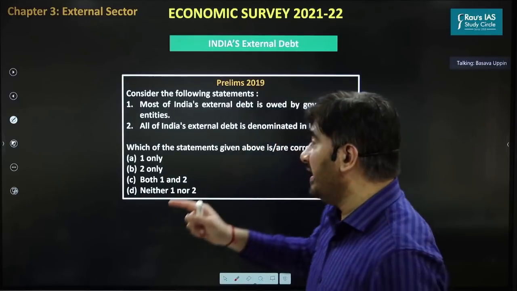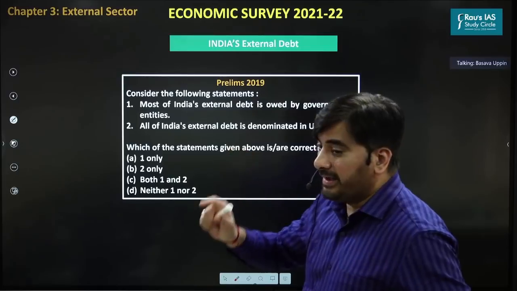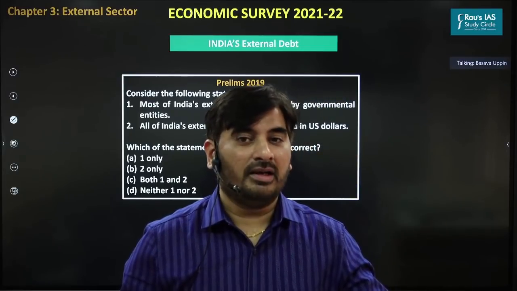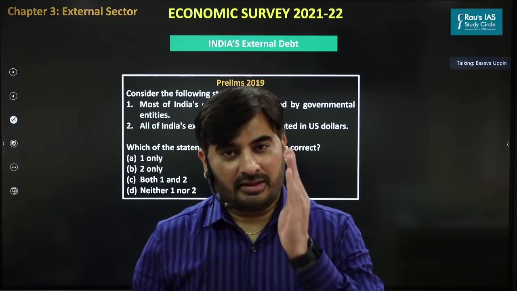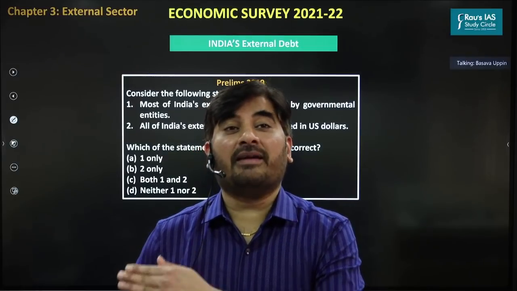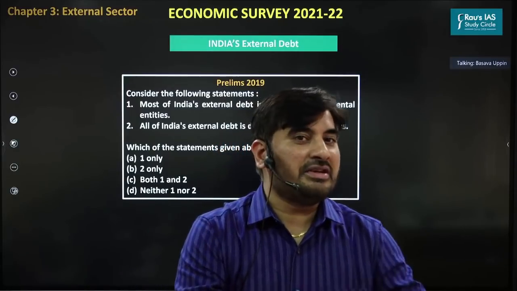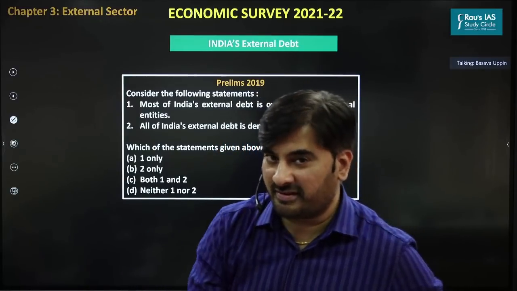Here, when we are discussing India's external debt, we are including the external borrowings of the central government, the state government, the PSUs, as well as the private sector. So what is India's cumulative external debt, not just limited to the center? That's what we are going to discuss.